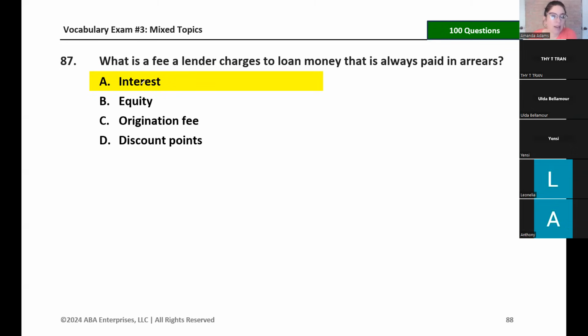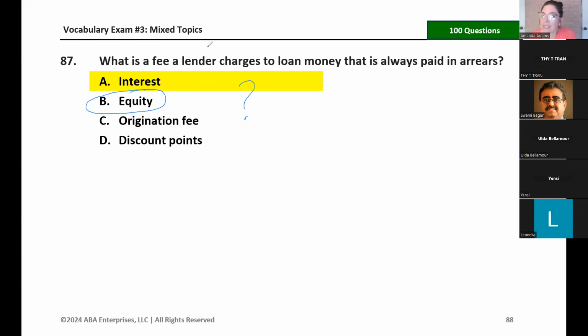Guys, what is equity? Let's do a little vocab here. Equity is what? Swami says, part of the money paid as principal to the loan. Okay. Anybody else got an explanation of equity? Okay, thank you for sharing that, Swami.